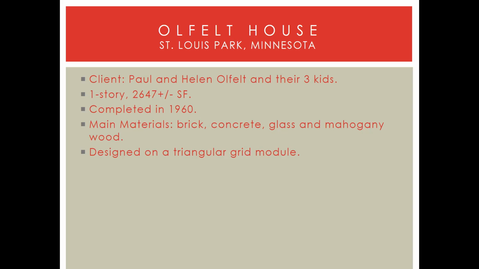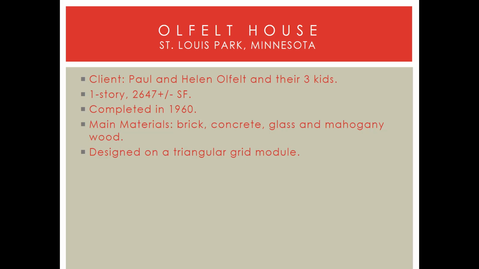Jack Howe, a Wright apprentice, oversaw construction through completion and had a hand in the design of some of the details and construction. There's also a small basement level that Jack Howe designed that was compatible with the design of the house, with the same details, materials, and colors.